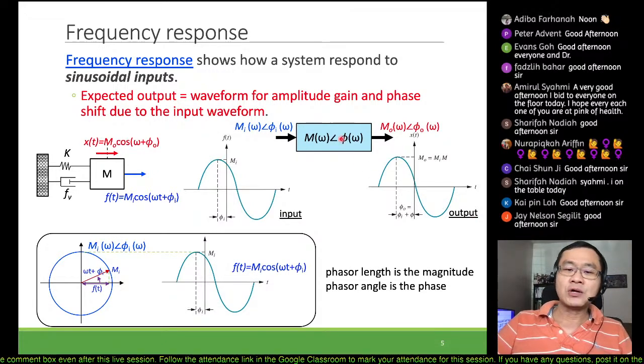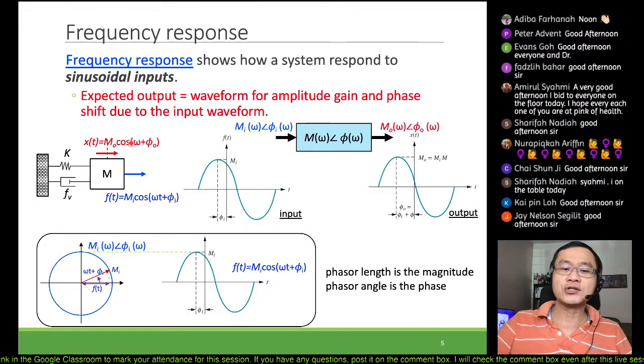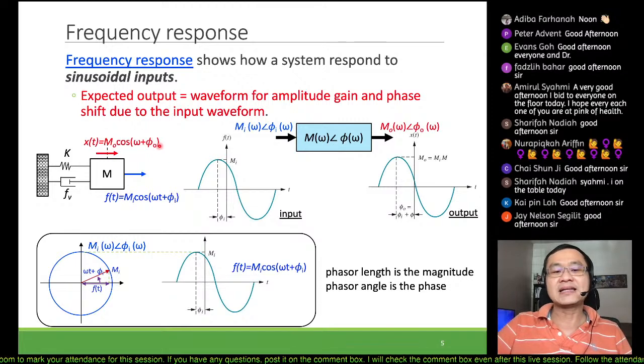The familiar form we usually see is maybe cos omega t and so on.